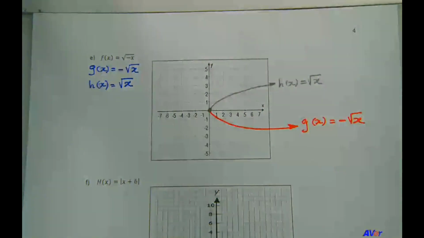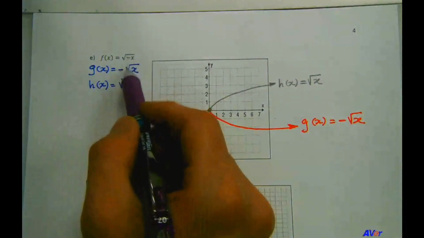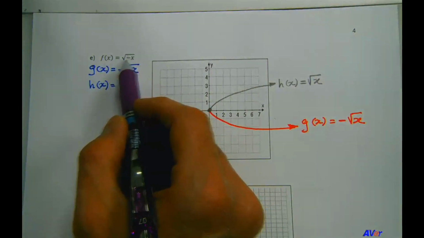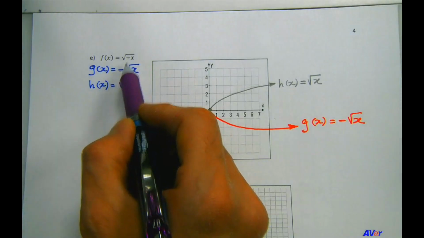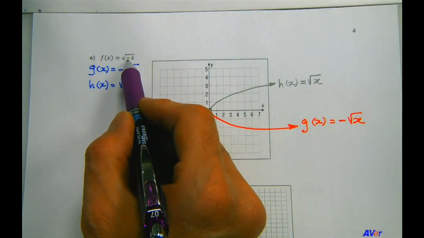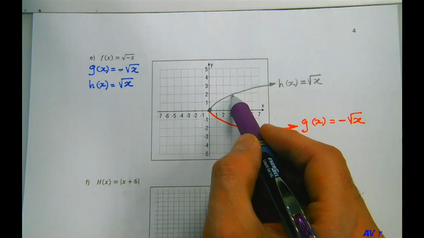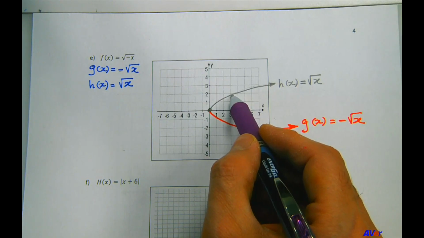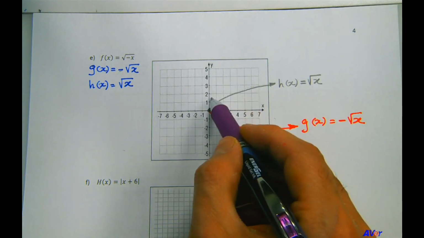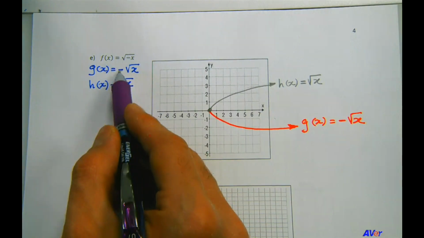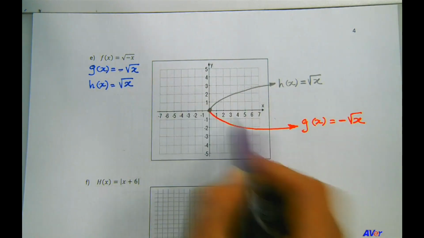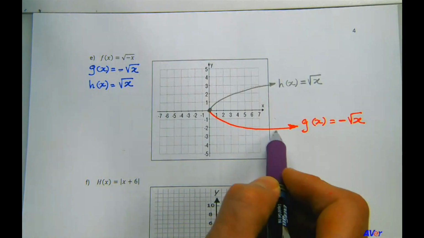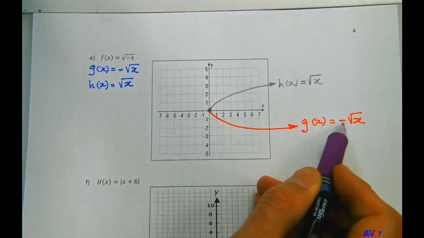Okay? Then what about this one, when the minus is not in front but inside? If it's inside, the graph is reflected across the y-axis. So if the minus is in front, then the graph gets reflected across the x-axis, like what I've shown, like that one.